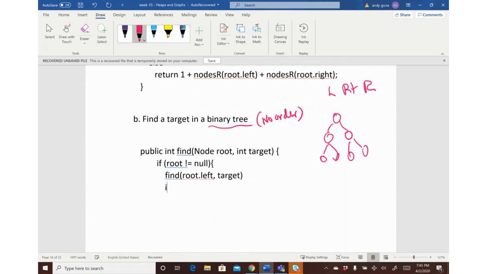And if the root dot value, that's the root you're looking at, is equal to the target, we return true. All right, or you can return target, whatever you want. And then you're going to go to the root.right. This is going to the right tree with the same target.